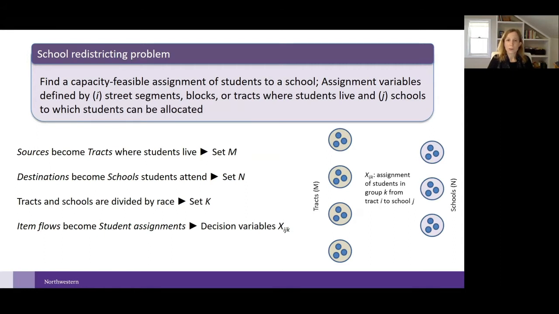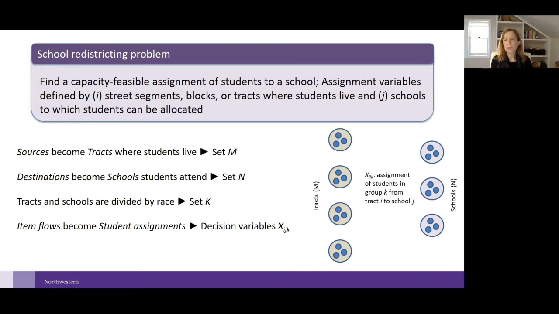And so that's when the school redistricting problem emerged, which was defined as a capacity feasible assignment of students to schools. So when we think about sources of students, we now think about a geographic region where students live. Now, because of computational limitations at the time, these regions were quite large. So you can think of a tract as being a fairly large neighborhood within a city. And the destinations would then become the schools.